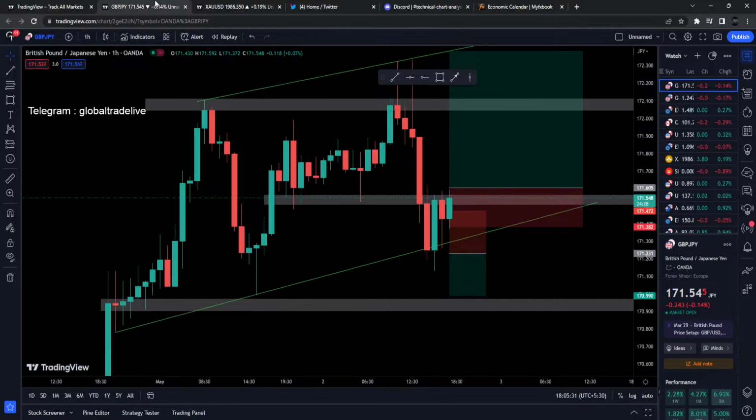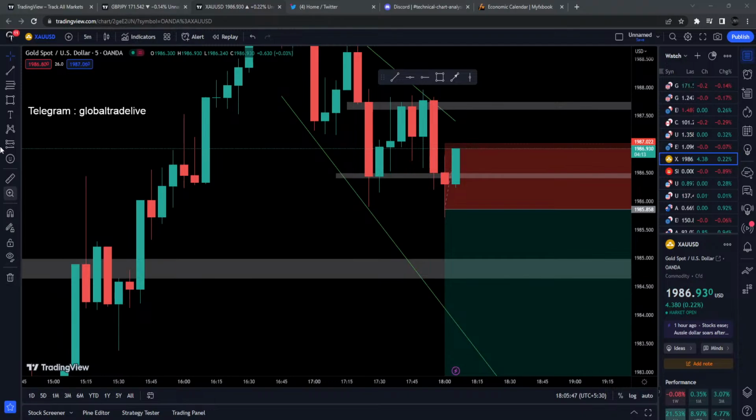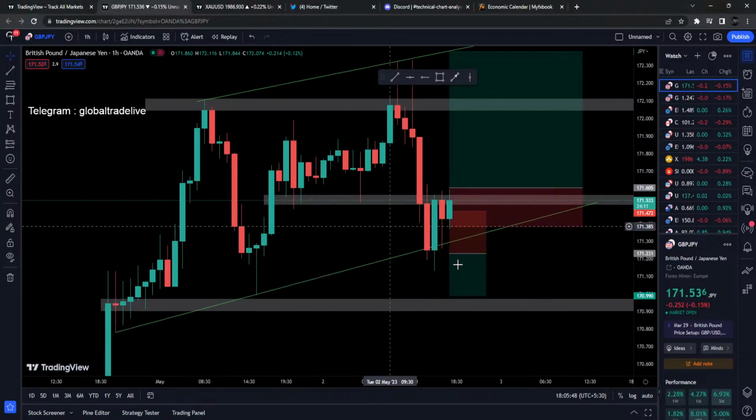Oh, GBP JPY is also trying to push the price up. Very nice. Closed the trade over here in gold.